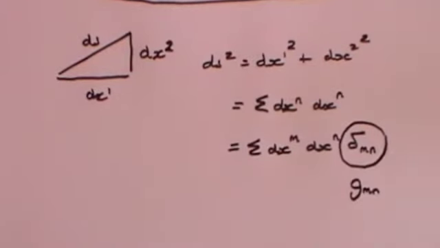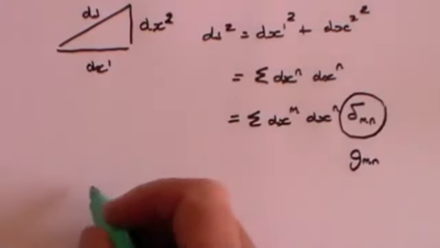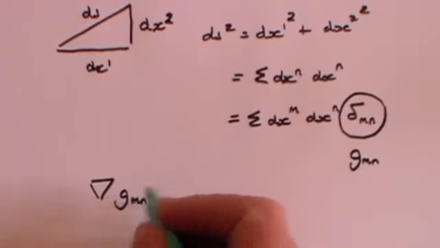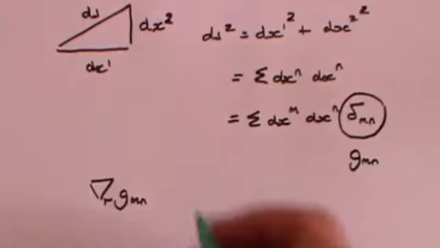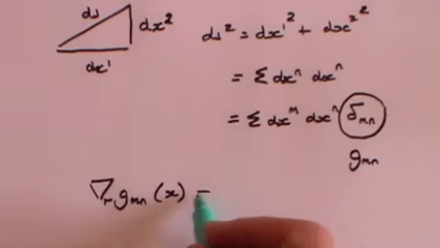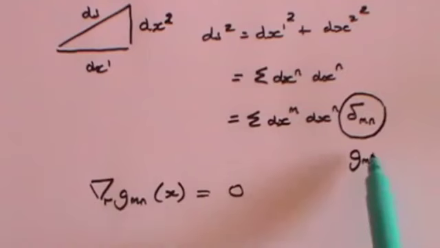Now, what is the derivative? We'll call it the covariant derivative of gmn, let's say with respect to r, in the x frame of reference, if we are talking about flat space. Well, in flat space, the metric tensor is either 1 or it is 0. It is a constant.